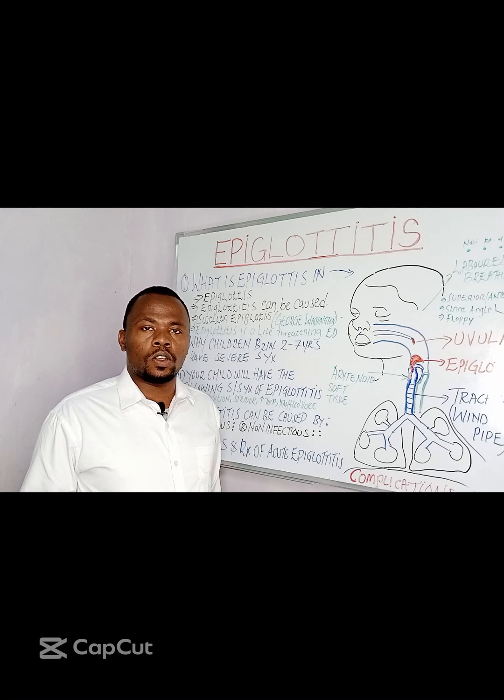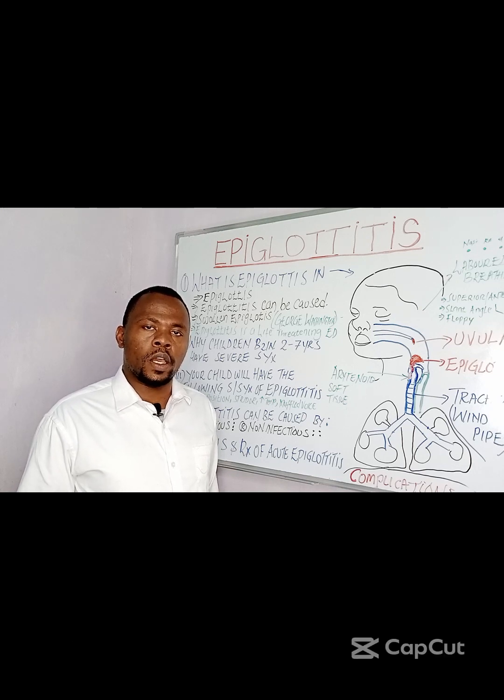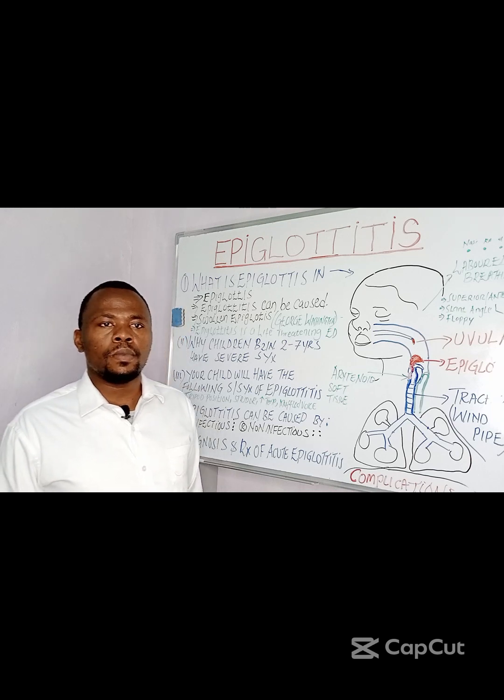A swollen epiglottis will increase in size and it may block or obstruct your windpipe or your airway. This is a very serious issue that can lead to obstruction of the airway, and this can lead to death through asphyxia.